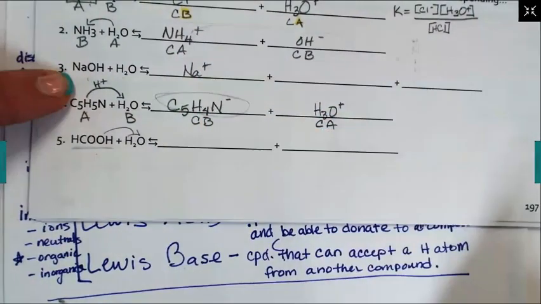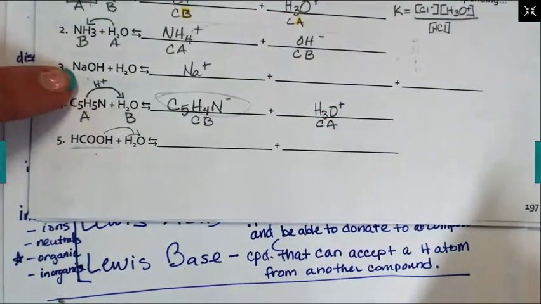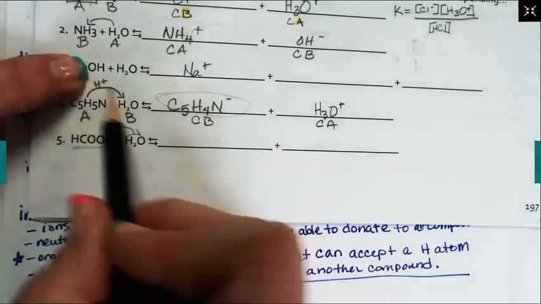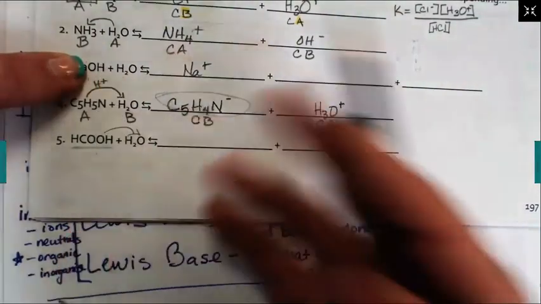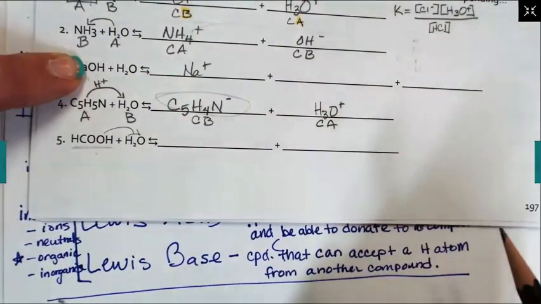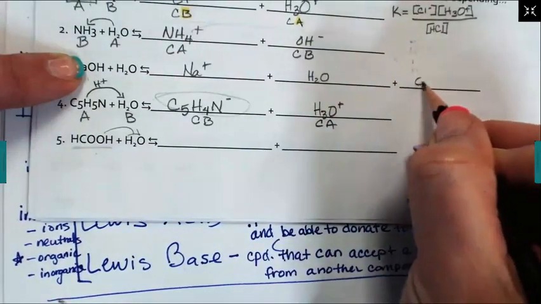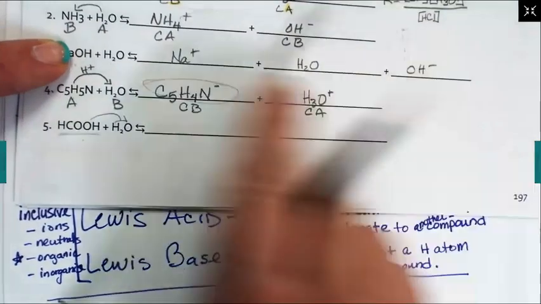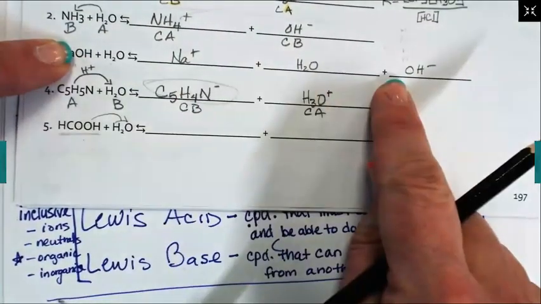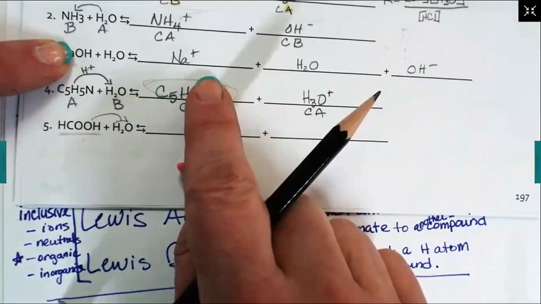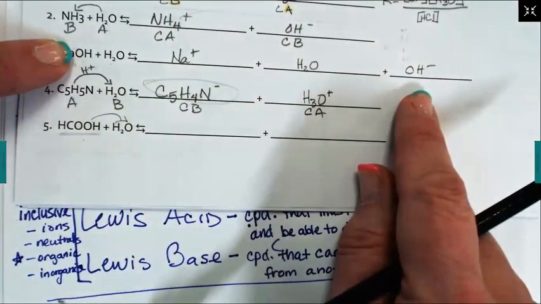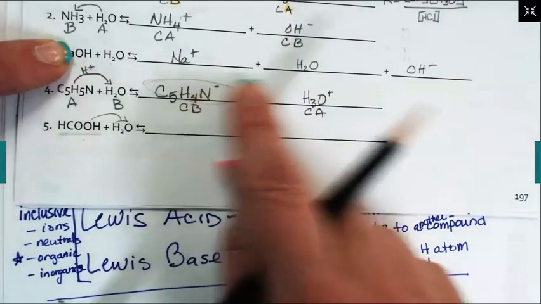Well, we're going to get a sodium ion, and then we're left with this. So we can get water and hydroxide ion, right? So we don't have a set conjugate acid, conjugate base here.